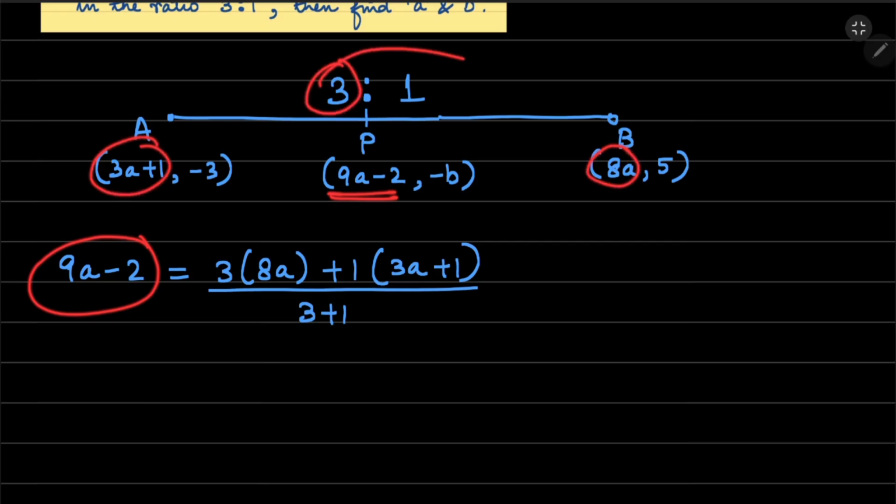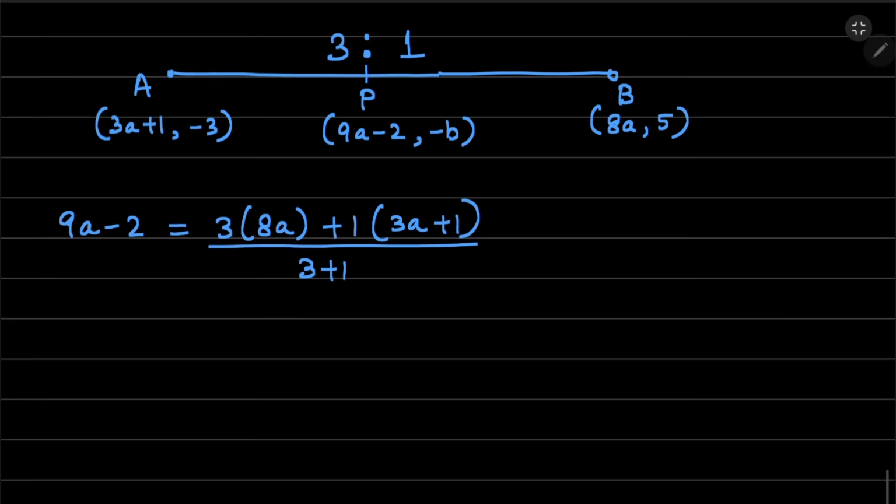So 3 multiplied by x2 plus n multiplied by x1, divided by m plus n. That's what I'm doing, right? And on the other side, I can also write the same way for b. Minus b is equal to 3 into 5 plus 1 into minus 3, divided by 3 plus 1. So I'll be getting the value of b.